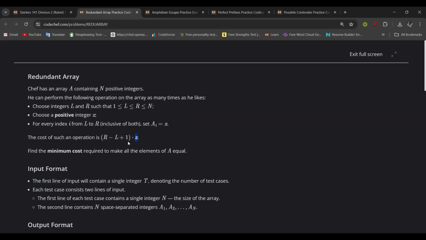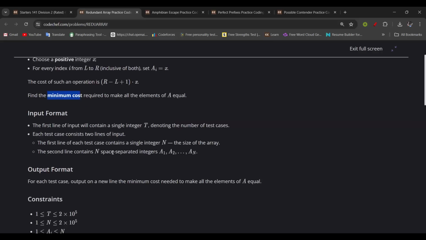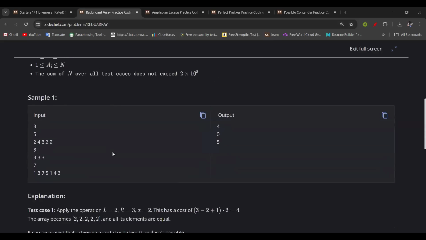We can apply this operation many times, but it costs this much every time. So we have to find the minimum cost required to make all the elements of A equal. That's our target.